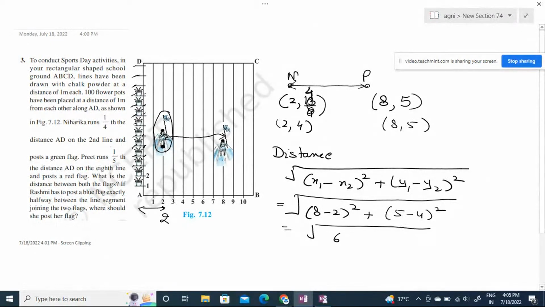That is 6 square plus 1 square, that is 36 plus 1, that is 37. It will not be the answer. I have to check it. What are the coordinates we have to take? Just wait a little bit. 1/5 of the distance on the 8th line. I have to check it for that.